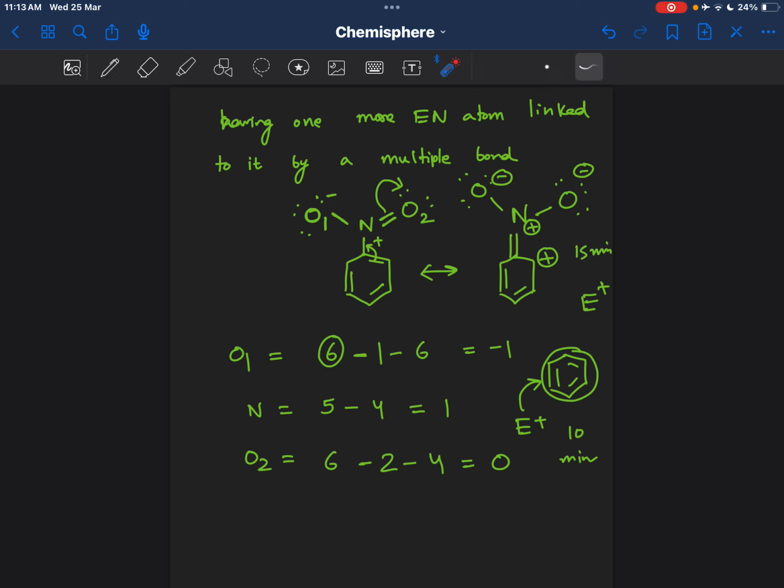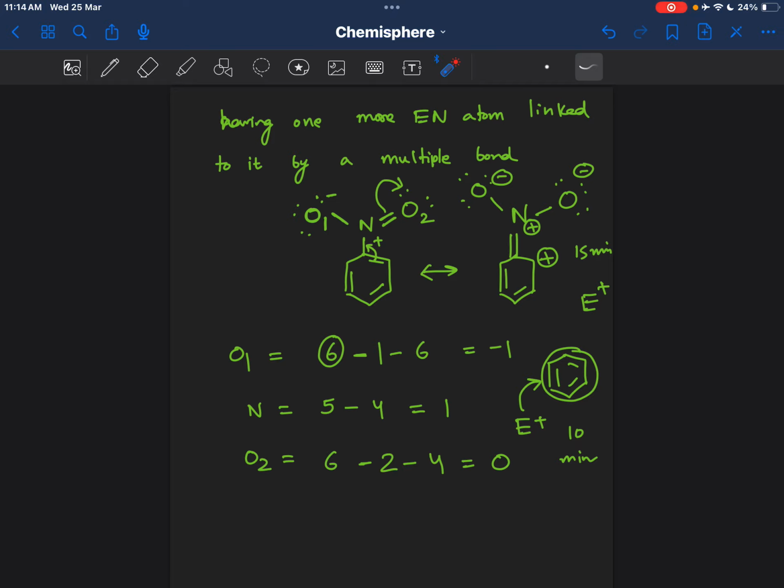This is what is known as deactivation. Yeah, deactivating the ring towards electrophilic substitution. It will take more time now because of the lack of electrons, due to the effect of an electron withdrawing group like NO2.